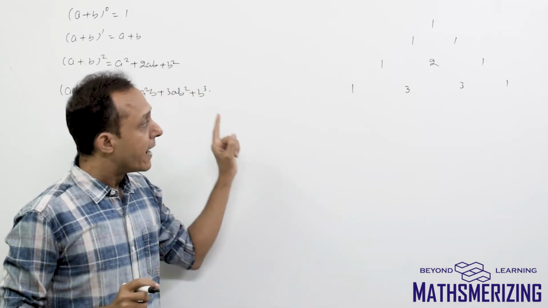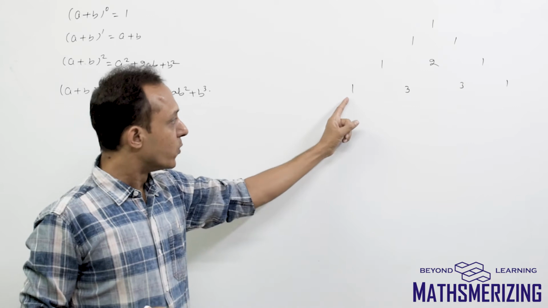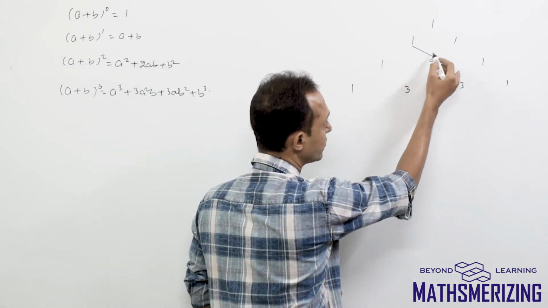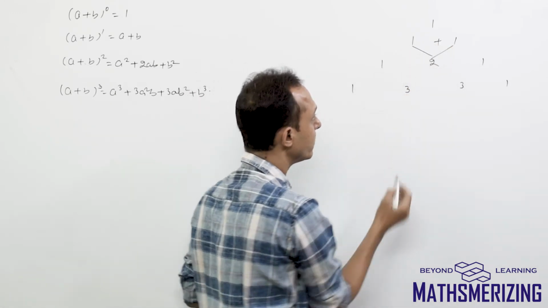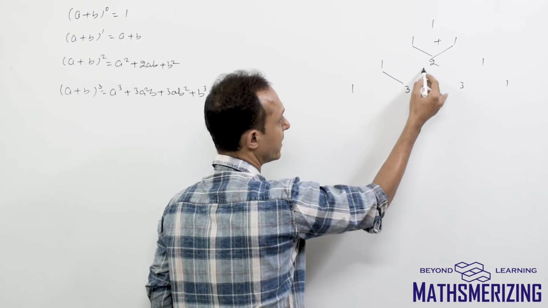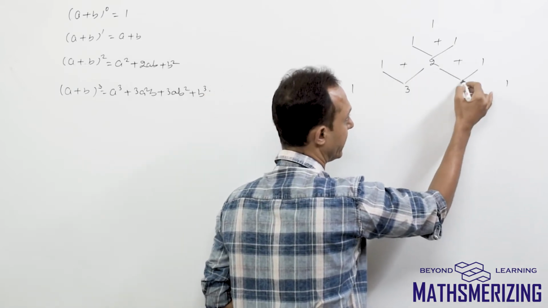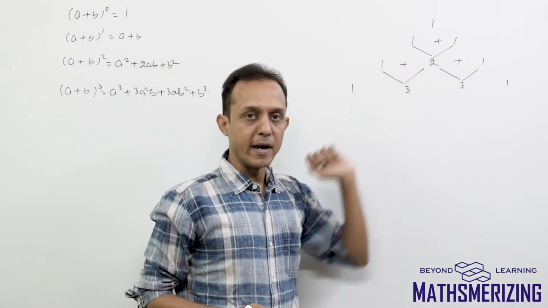Now, can we identify any pattern in this? So the pattern that I see here is it starts with 1 and it ends with 1. And if I add these two numbers, 1 plus 1, it is simply 2. 1 plus 2 will be 3. Now 2 plus 1 again will be 3. And then it will start with 1 and it will end with 1.